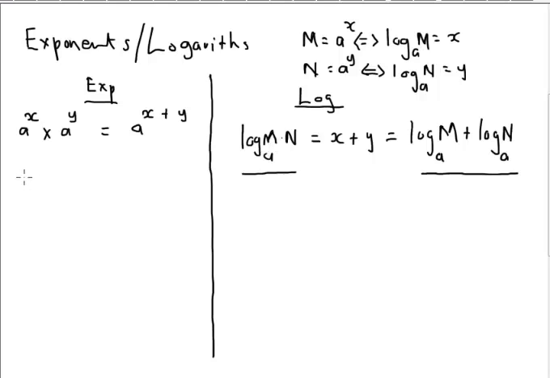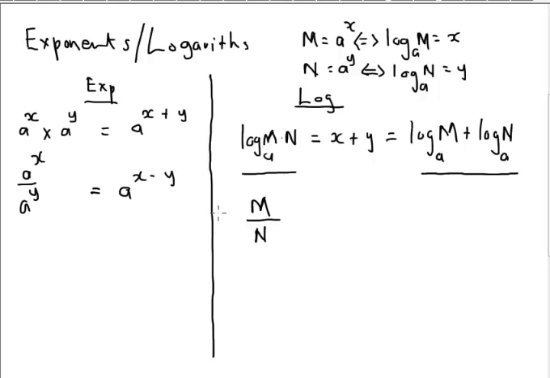Then we come to say, let's say we're talking about a to the power of x over a to the power of y. What is that? That is m divided by n. If you remember the rules of exponents, this says a to the power x minus y.